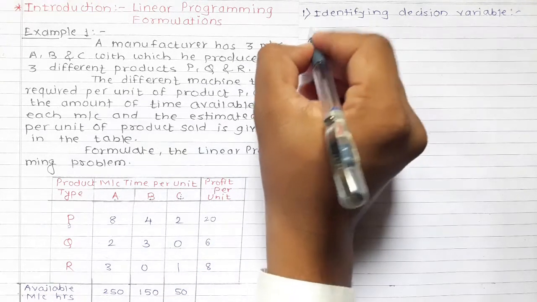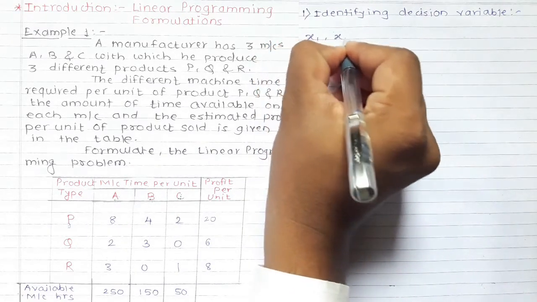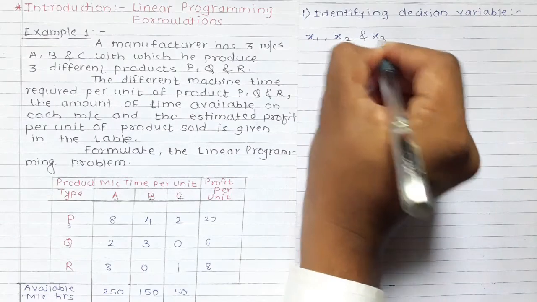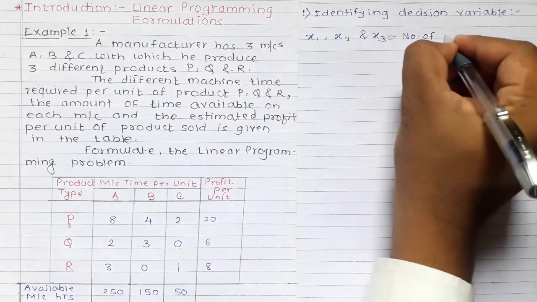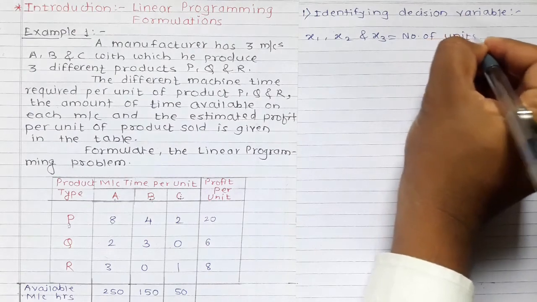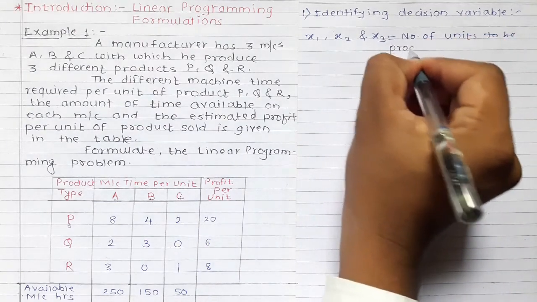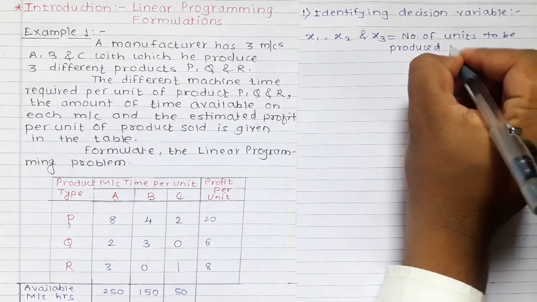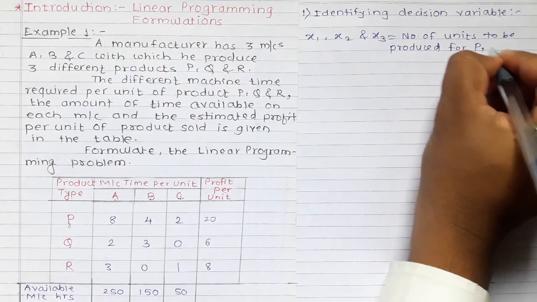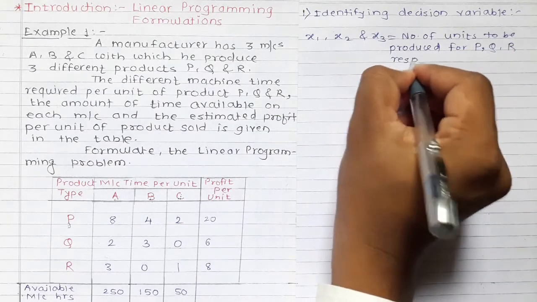So let us assume x1, x2, and x3 be the number of units to be produced for product P, product Q, and product R respectively.